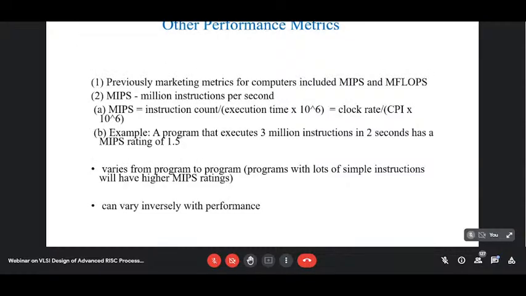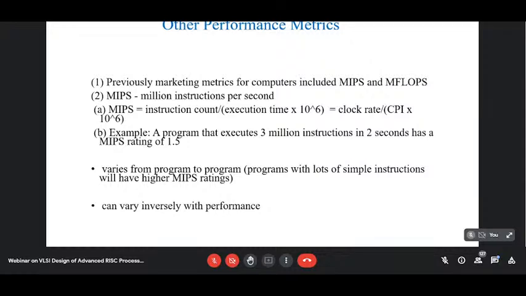Now, other performance metrics are MIPS and MFLOPS. MIPS stands for million instructions per second. As the speed of computers is getting enhanced, clock frequencies are going higher and higher, so now it is more convenient to describe the performance of the CPU in terms of MIPS, meaning million instructions per second. So per second, how many million instructions can be executed?